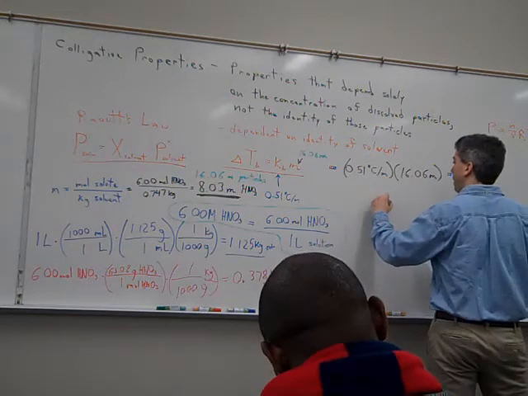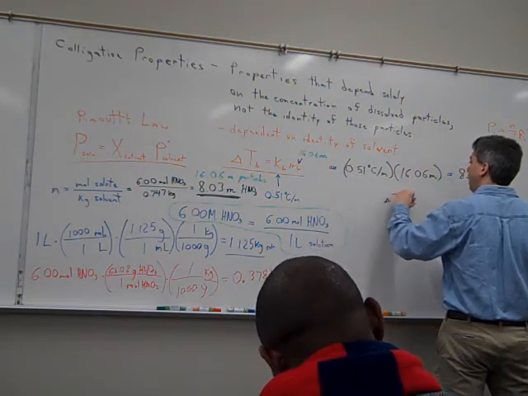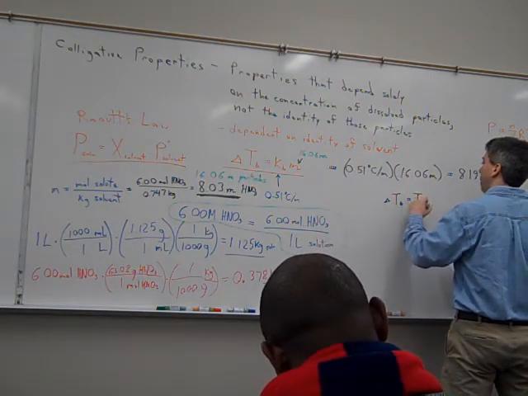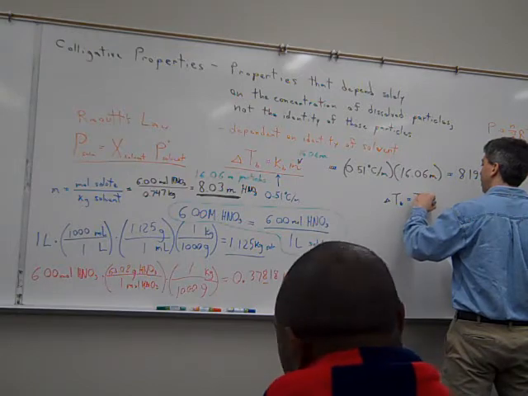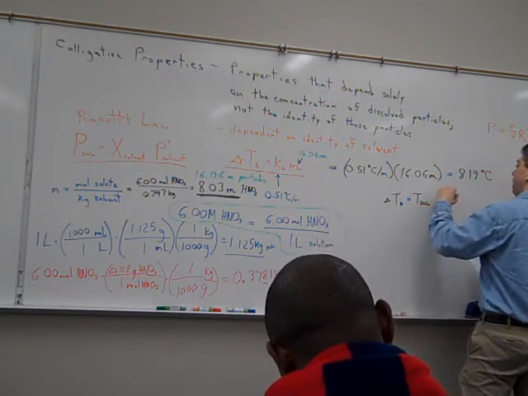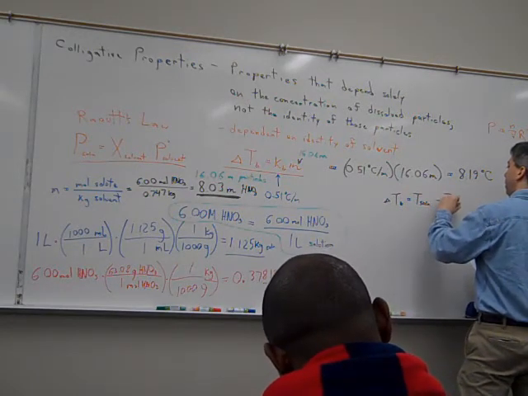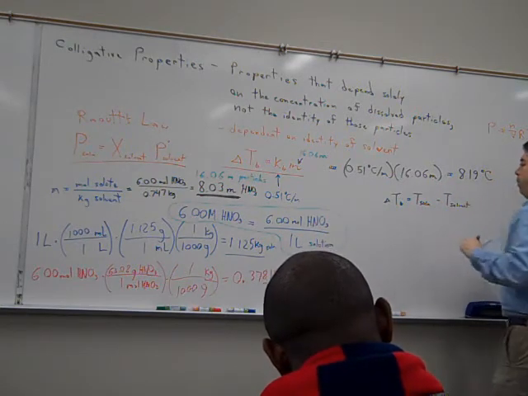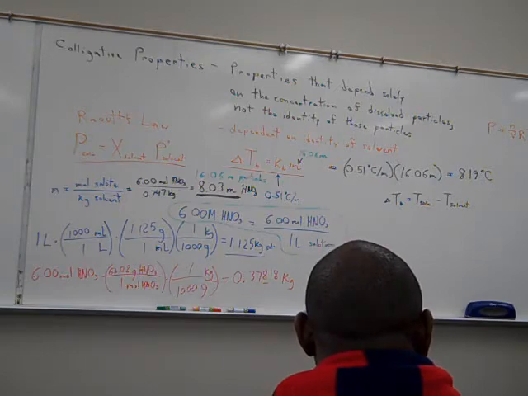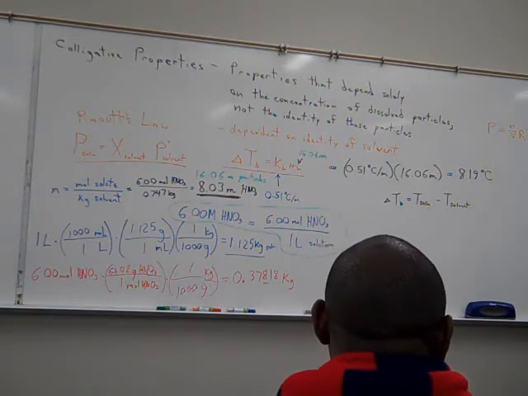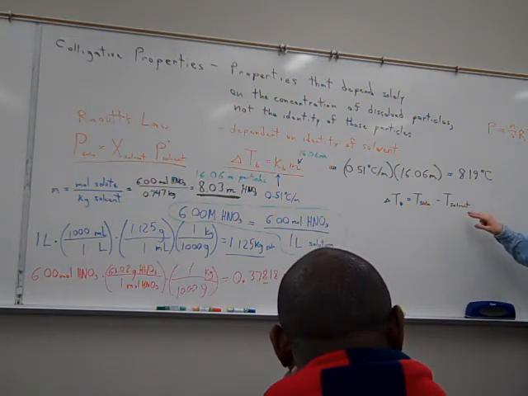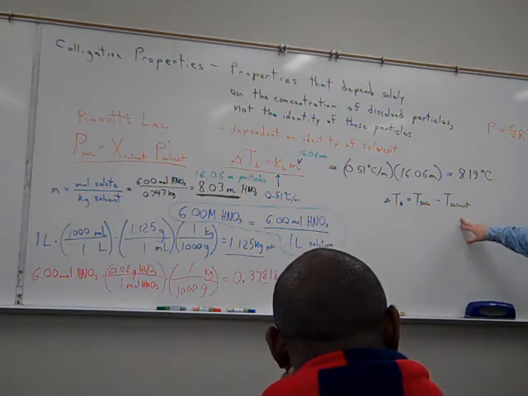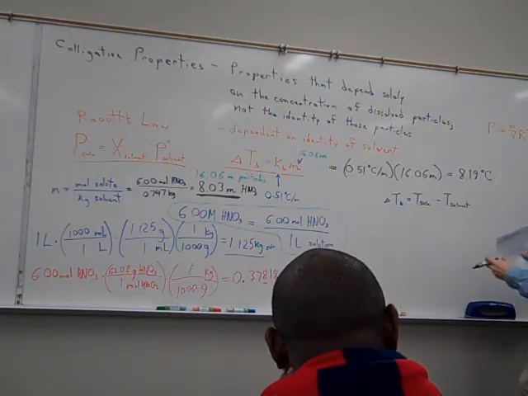So remember that the change in the boiling temperature is actually equal to the boiling point of the solution minus the boiling point of the solvent. And what's the boiling point of water normally? Because it says this is an aqueous solution. 100. Yeah.